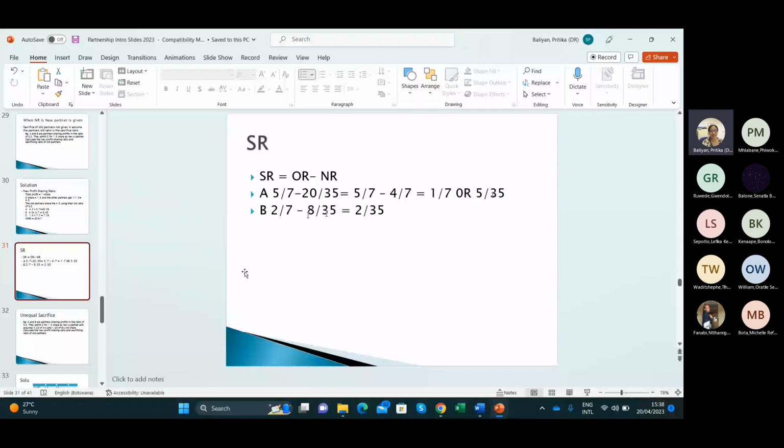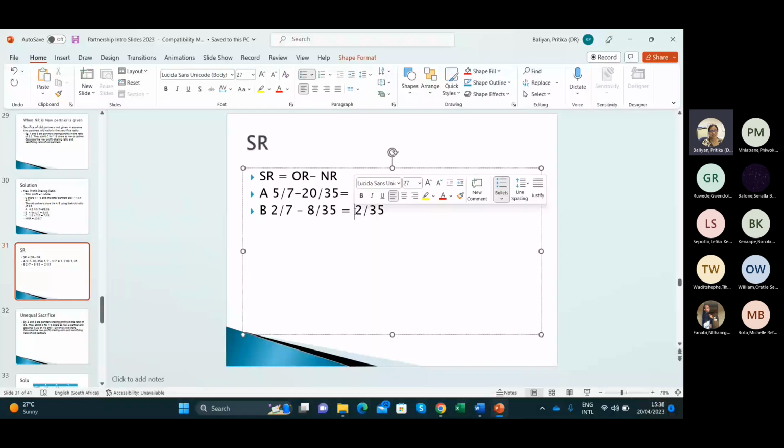So 2 by 7 can be 7 times 5, 35. Then you have to multiply by 5 on top and bottom. So it's 10/35 minus 8/35.